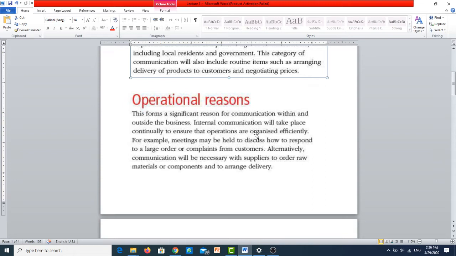But if you want to share some kind of information externally, then you also need to communicate with different stakeholders, for example suppliers, and you have to order the raw materials when you are going to finish your stock.